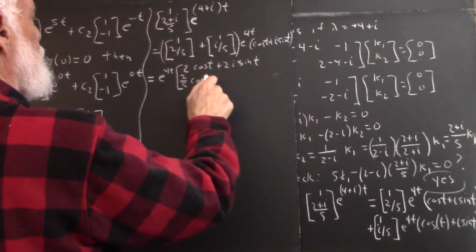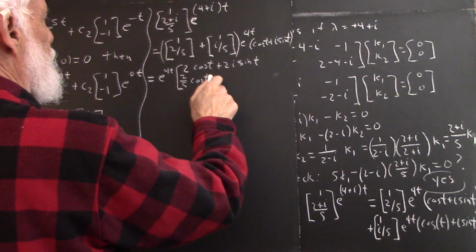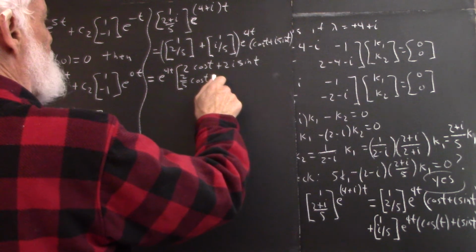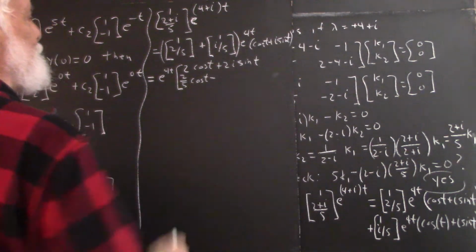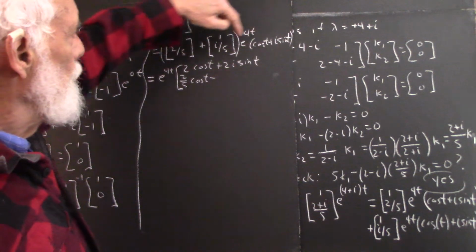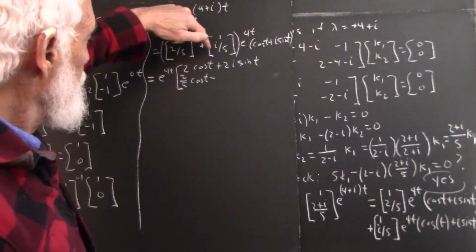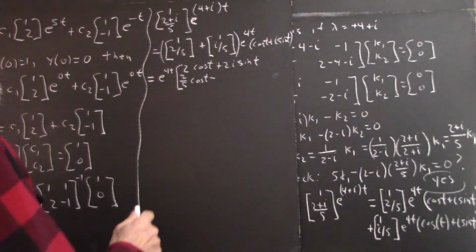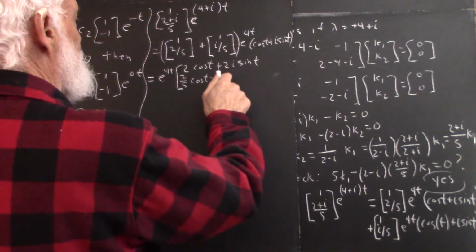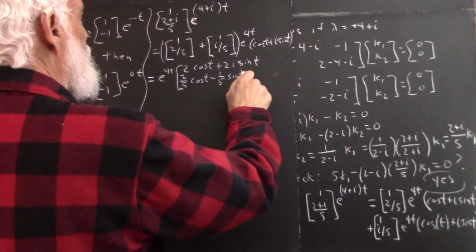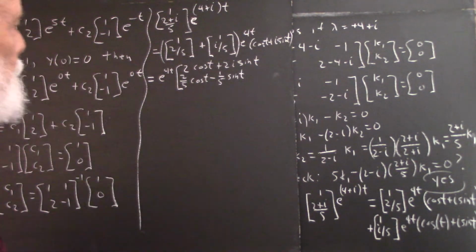2/5 cosine t minus, okay, multiply the 2/5 by the cosine t. I'm going to multiply the i over 5 by the i sine t. And I'm going to get minus 1/5 sine t.